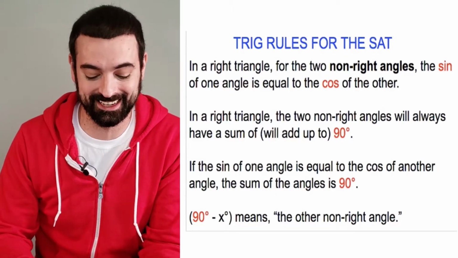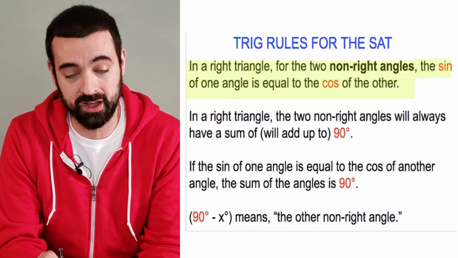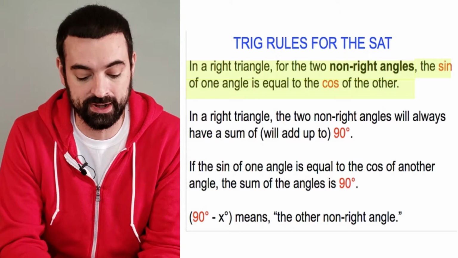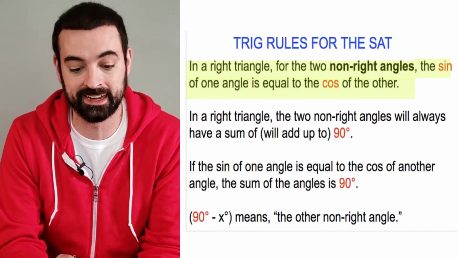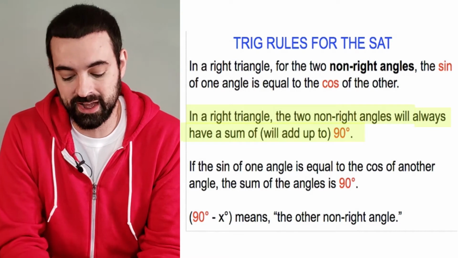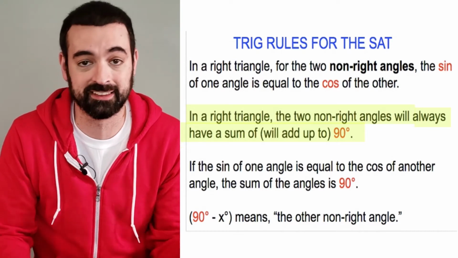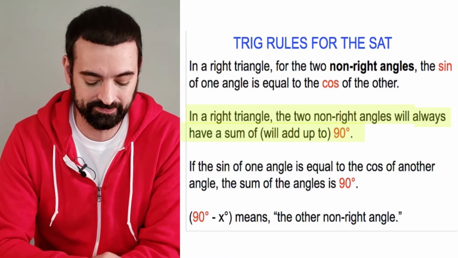Anyway, here we go. The trig rules for the SAT are: number one, in a right triangle, for the two non-right angles, the sine of one angle is equal to the cosine of the other. In a right triangle, the two non-right angles will always add up to 90 degrees.